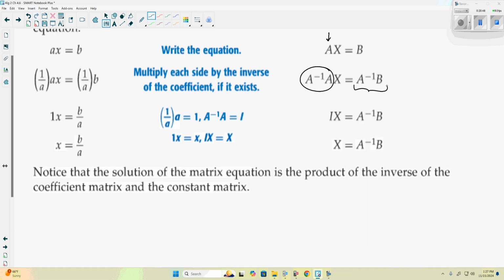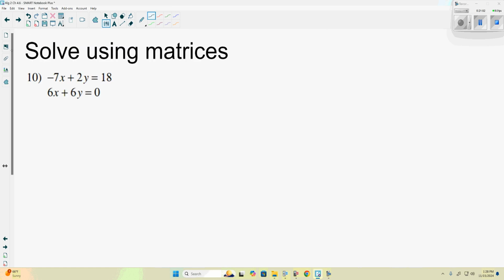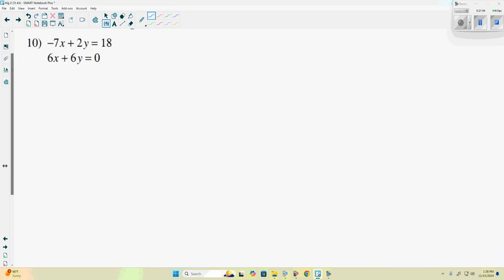And when we multiply the inverse of our original matrix by B, what they're equal to, that product will be the solution to the system of equations. So what we have to do for this here is find the inverse and multiply it by the other side.